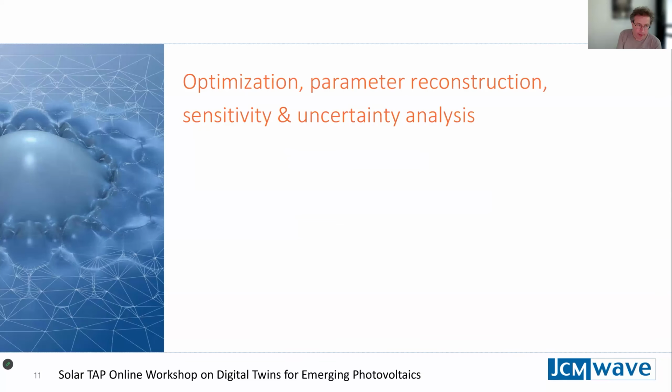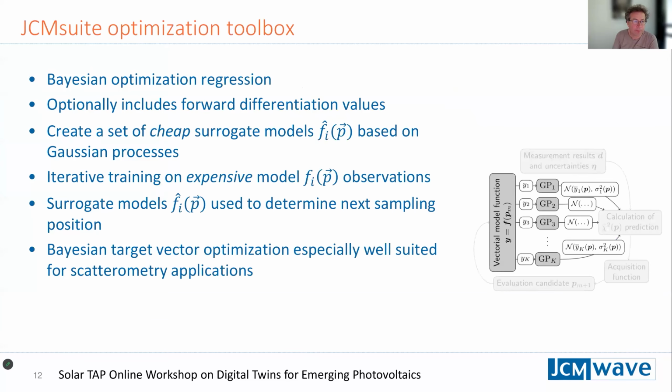Okay, then as Carsten also introduced in his slides, we also have an optimization tool for parameter reconstruction, sensitivity and uncertainty analysis, and also for optimization. So therefore, we have a toolbox. It's based on Bayesian optimization regression.